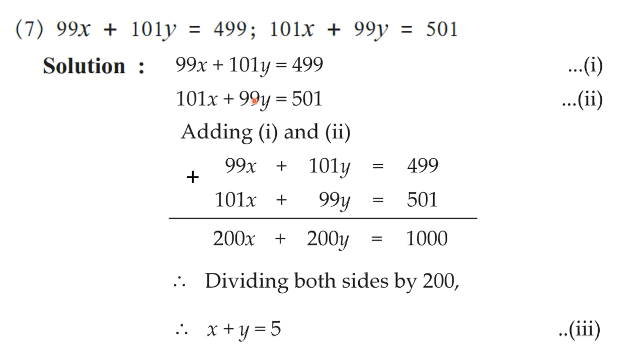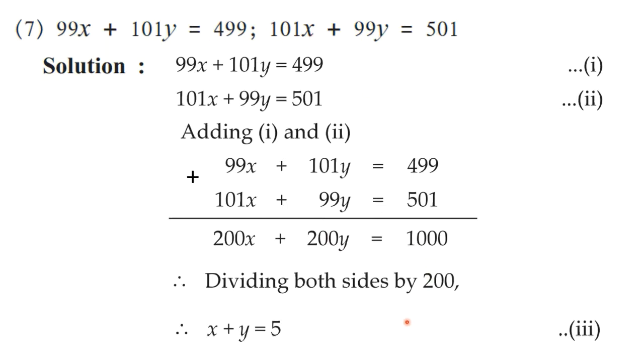So we are going to subtract now. While subtracting, we should think of the bigger coefficient of x. So now we will subtract equation 1 from 2. No doubt you can subtract 2 from 1 also, but to avoid mistakes, we subtract 1 from 2.